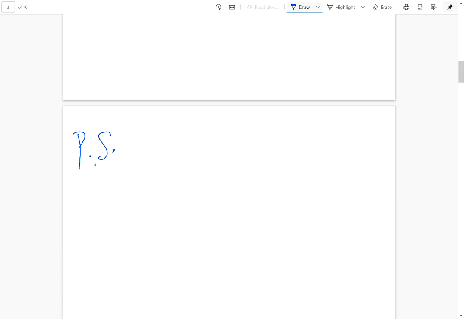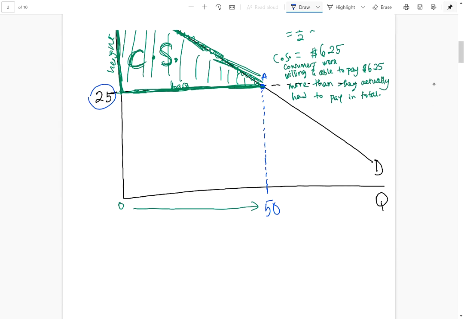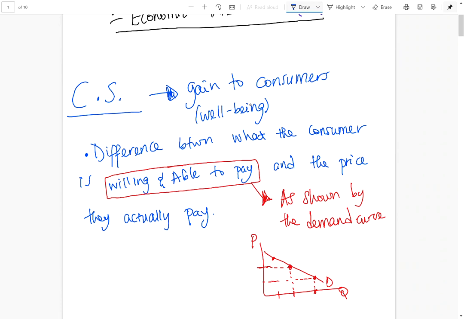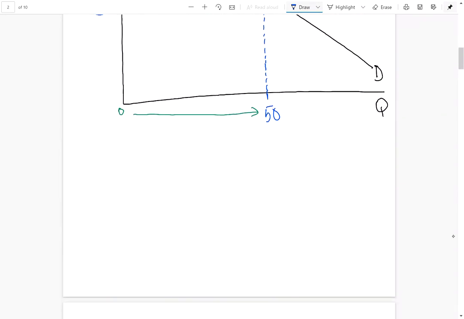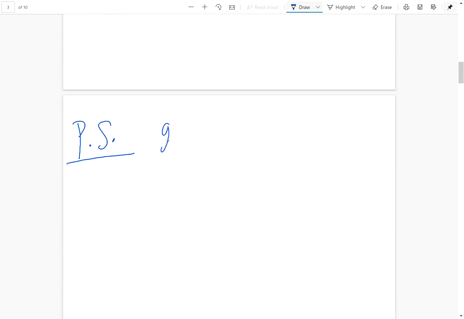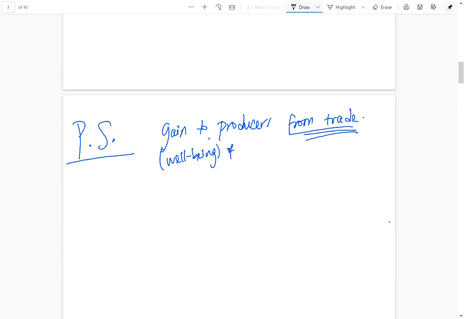Producer surplus, as you can imagine, shows us the, so if consumer surplus shows us the gain to consumers and the well-being of consumers, the producer surplus is going to show us the gain to producers or the well-being of producers from trade. Now, note that they have to be trading to have some sort of producer surplus.